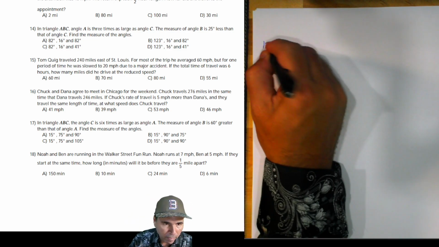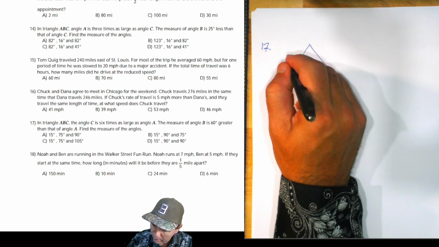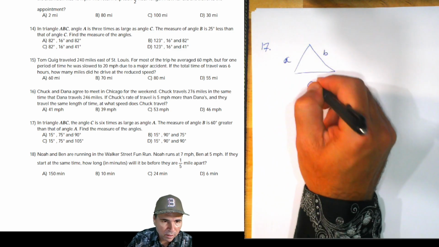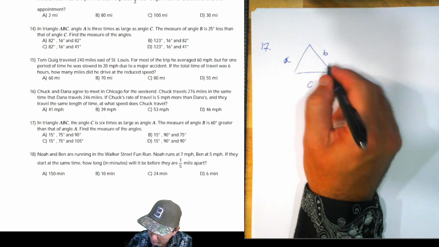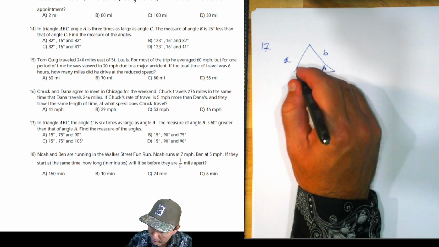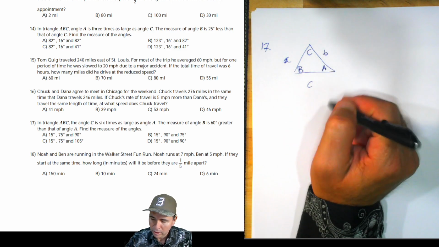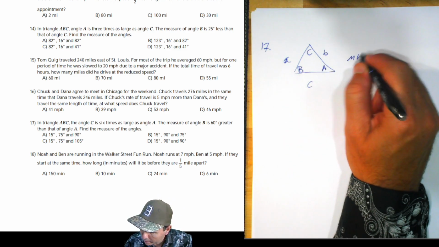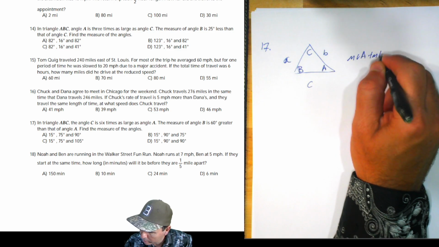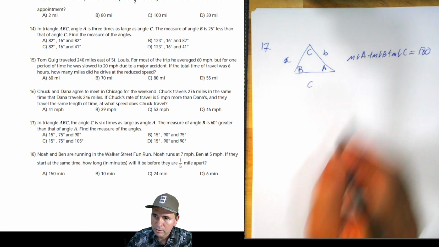It says in the triangle ABC, we'll call this A, this B, and this is C. And then this is angle A. Notice that I use capital letters for angles and little letters for sides. This is convention. You know that the measure of angle A plus the measure of angle B plus the measure of angle C is equal to 180, right?